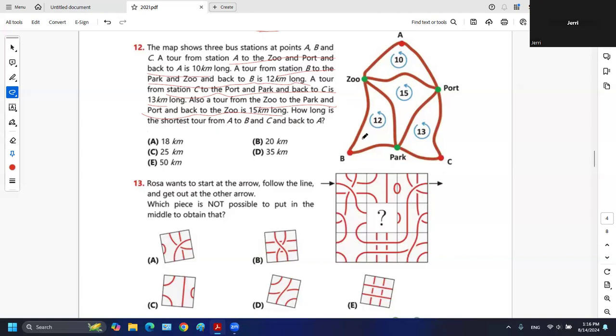So we can add these all together. And then minus 15, that'll be this outline side.